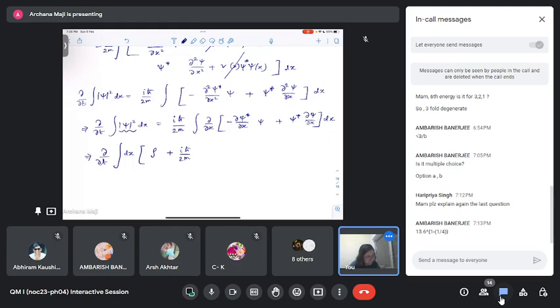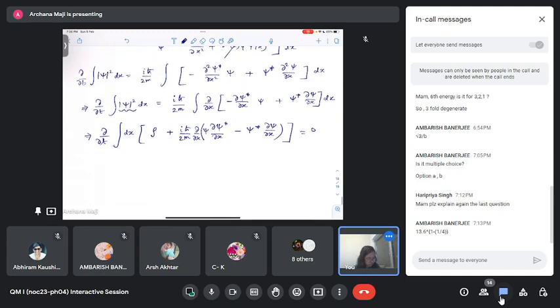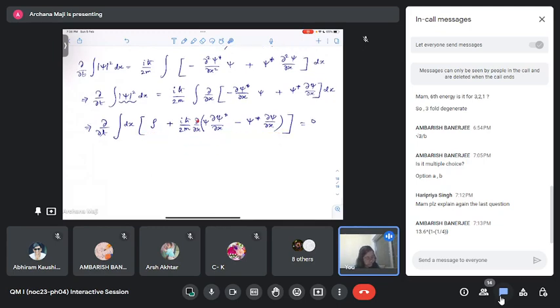Now I'm switching this sign because I'm taking it to the left, del x of del psi star del x minus psi star del psi del x is equal to 0, right? So this entire thing, this is nothing but the probability density, and this is nothing but the derivative of the probability current density. So this entire analysis we have done for one dimension.